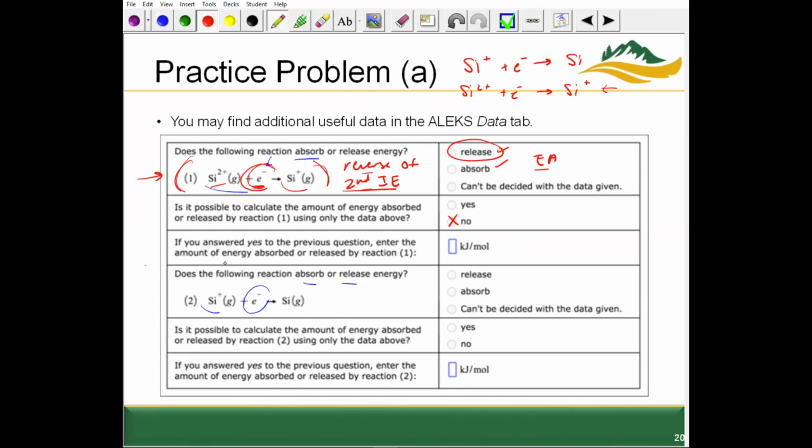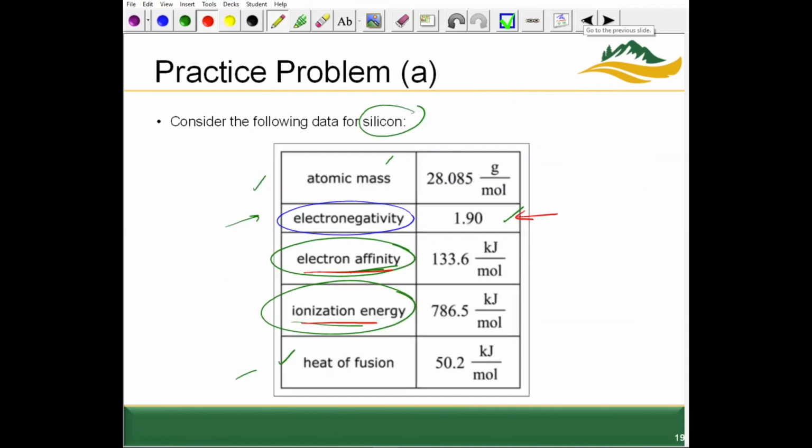So that is all we can say for these first 3 rows. We're adding an electron, so energy is released, but we don't have any information about the reverse of the second ionization energy because all we're given here is the first electron affinity and the first ionization energy.